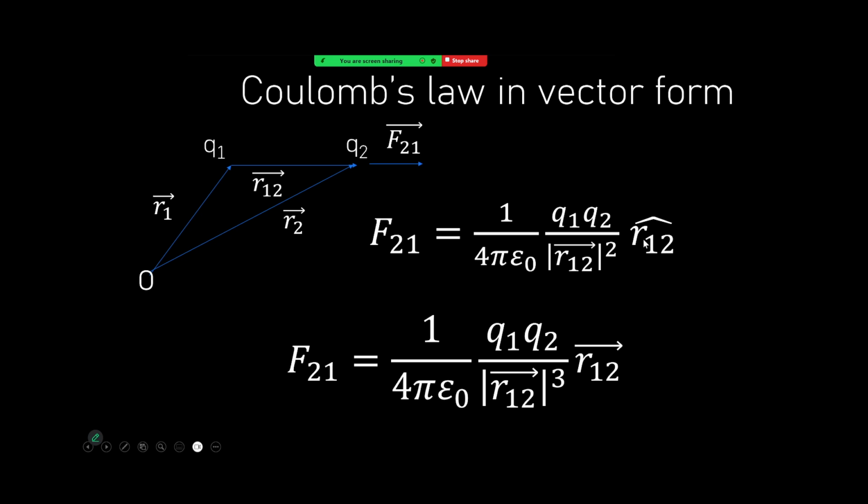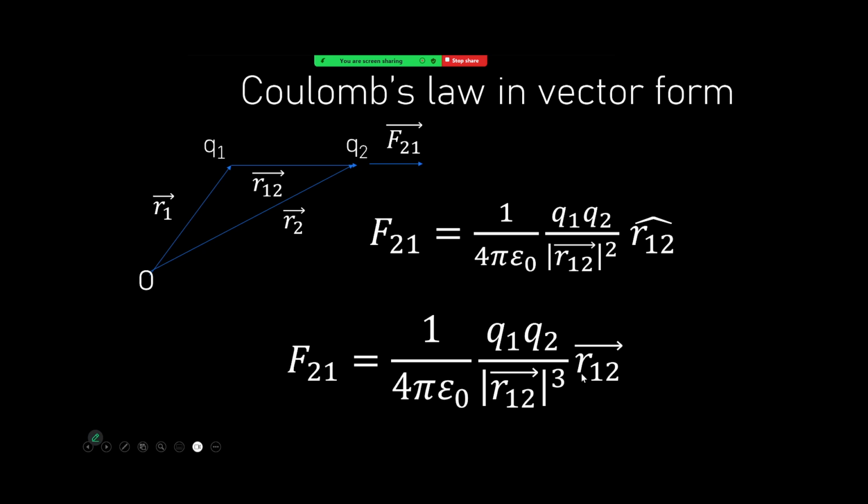Now r12 with the cap is a unit vector in the direction 1 to 2, and its magnitude is written as r12 with the two straight lines. If you rewrite the whole expression, writing the expression for the unit vector, then we obtain the last expression. So this is the vector form.